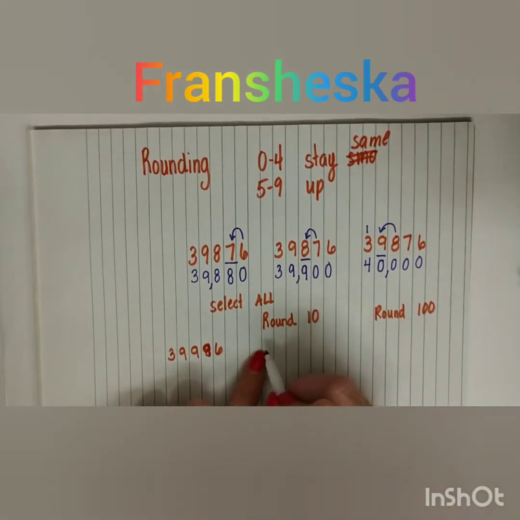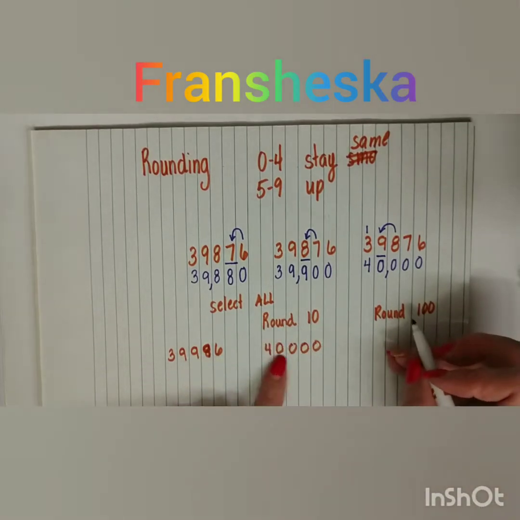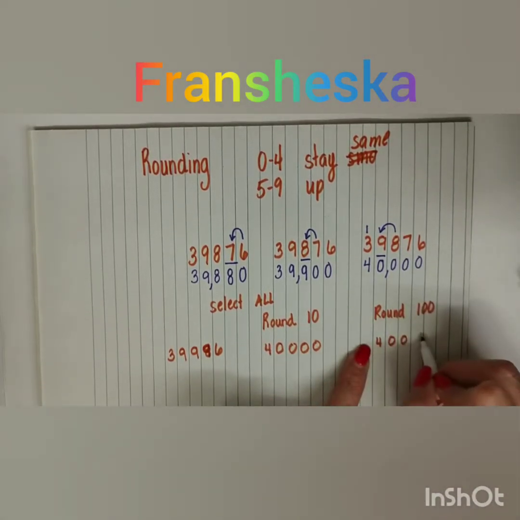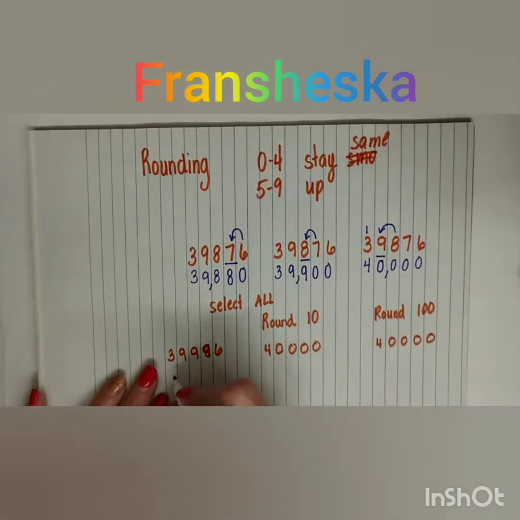And it'll tell you that rounded to the tens, it'll be 40,000. And you need to select whether that's correct or not. Rounded to the hundreds, it would be 40,000. And you need to select whether that's right or not. And then you might have 37,612.